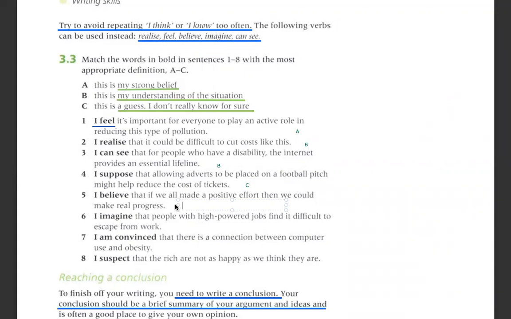Right, what I believe is my belief, so A. Number 6. I imagine that people with high-powered jobs find it difficult to escape from work. Okay, this is C, it's a guess. Unless I actually have a high-powered job, I'm just making a guess. Number 7.